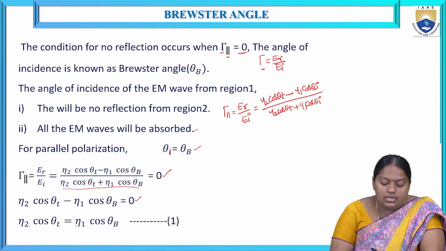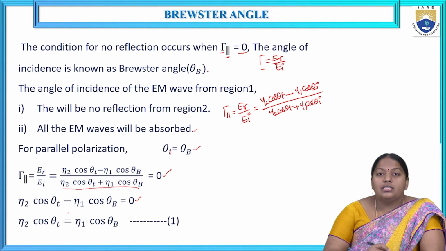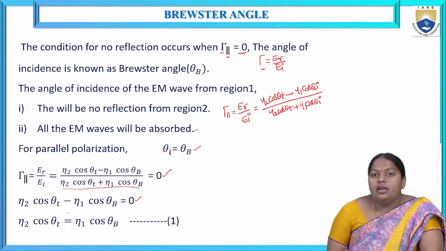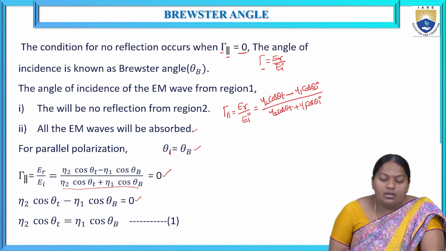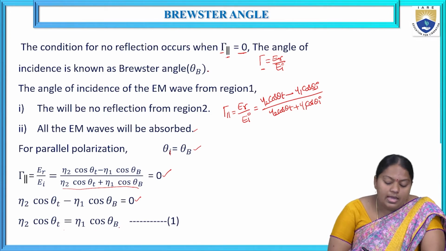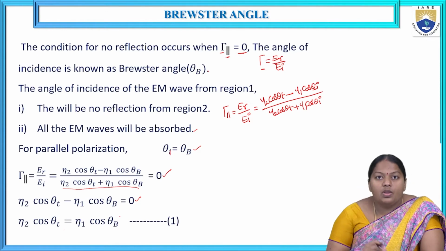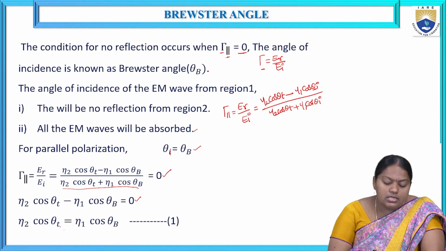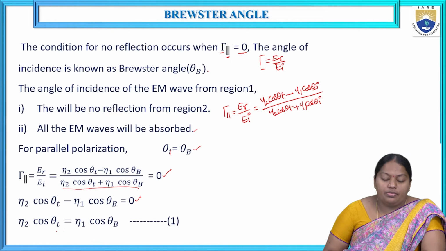Then eta 2 cos theta t equal to eta 1 cos theta b, where eta 1 and eta 2 are the intrinsic impedances of medium 1 and medium 2. Both are dielectric media only. So eta 2 cos theta t equal to eta 1 cos theta b, where b is the notation for Brewster and t stands for transmitted wave. Right?